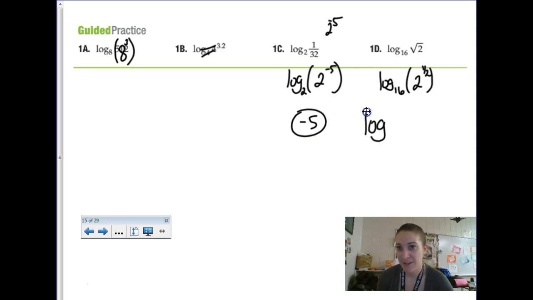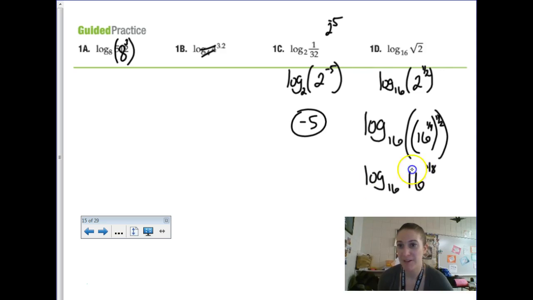All right. 16, but written as a 2, that would be like the 4th root of 16 is 2, so that's a 1/4 power. But remember, it was already raised to the 1/2 power. Ugh, gross. So 1/2 and 1/4 together as powers is 1/8. Oh, gosh. So this is log base 16 of 16 to the 1/8 power. So finally they're going to cancel. And the answer is 1/8.